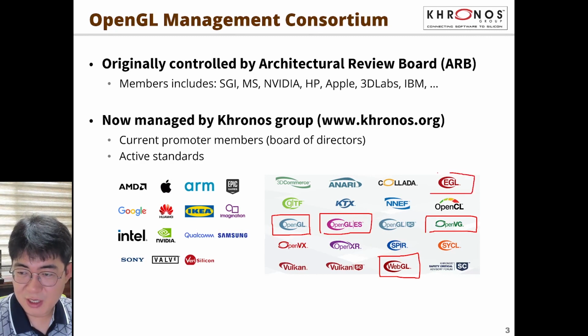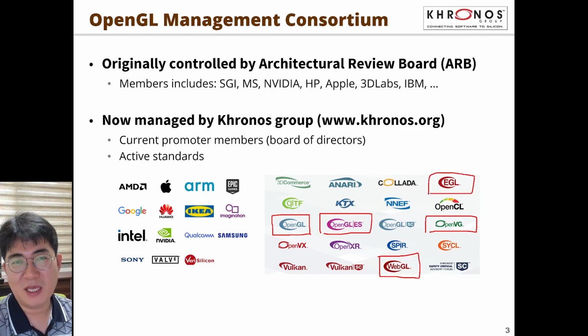And EGL, the name is quite weird. We have no idea what EGL means, and the naming is a bit misleading, but that is an API for the platform-dependent connection between OpenGL and the platform in programming.